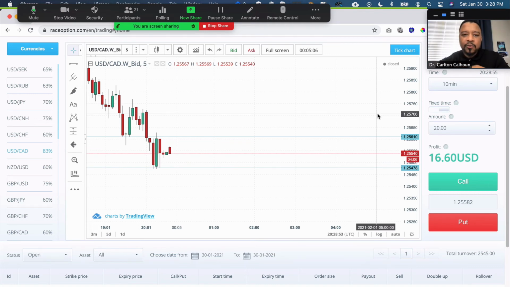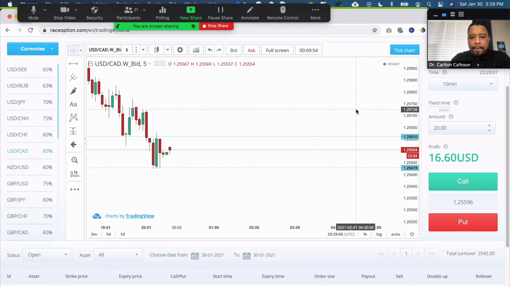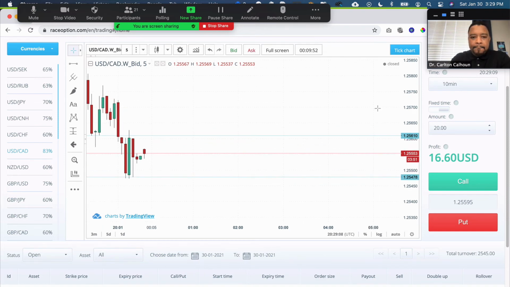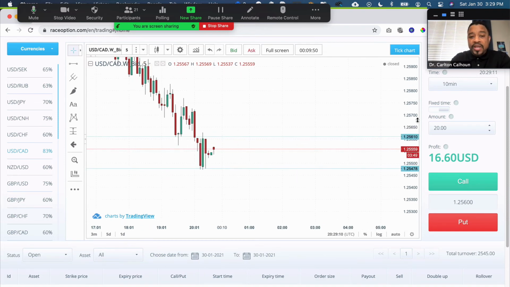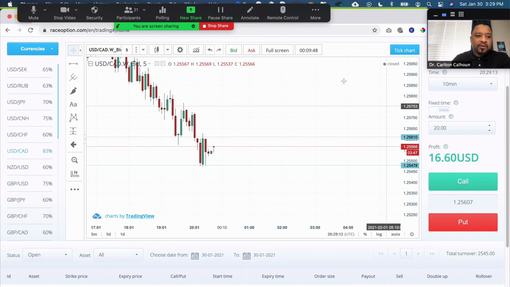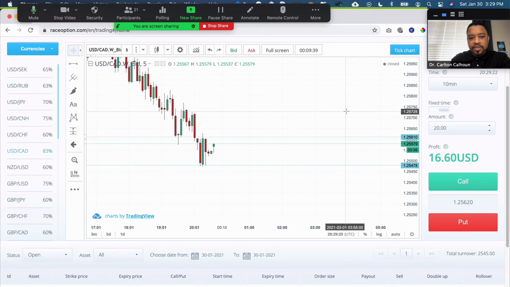So sometimes when you hop back on traditional trading on Sunday evening, you'll see a gap between where the market closed for you and where it is now, because that's all the activity that happened over the weekend. I've seen on the weekends though, there's gaps, especially on exotics like USD SEC and the ruble, all of those, you'll see gaps all over the place. So I'm not really sure what they mean.